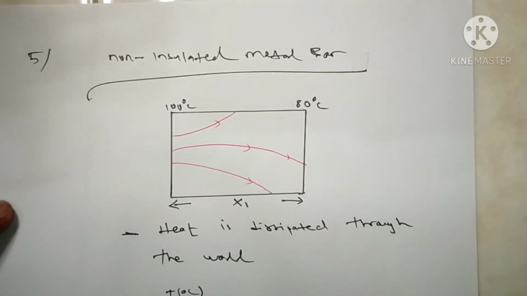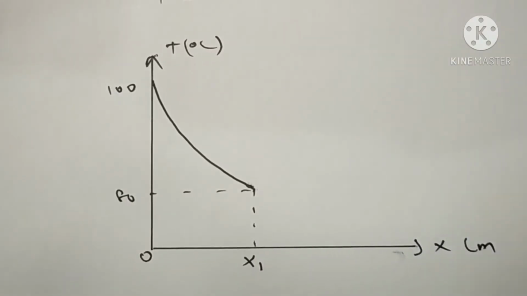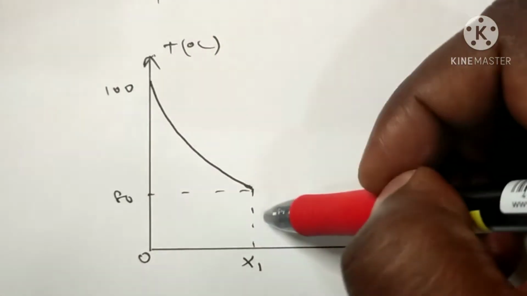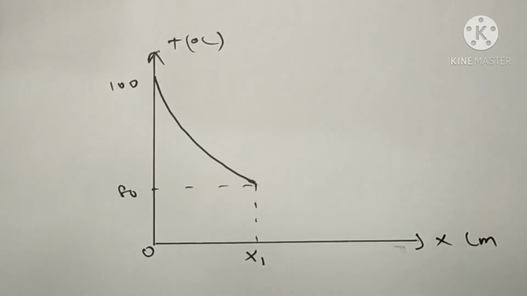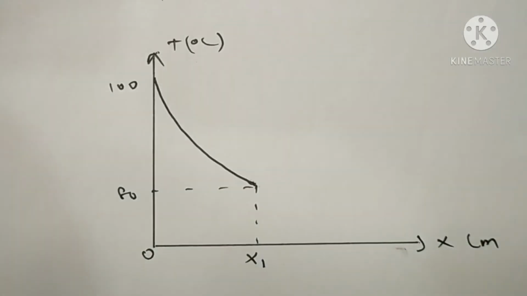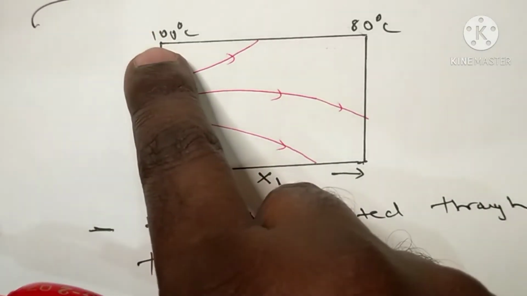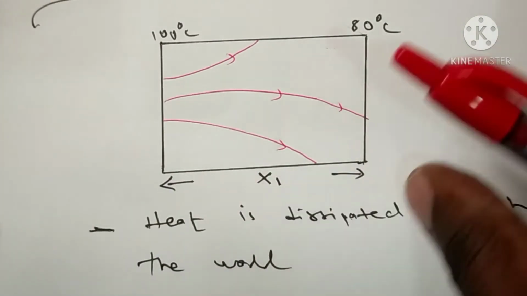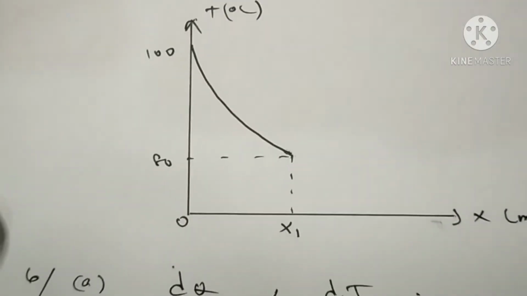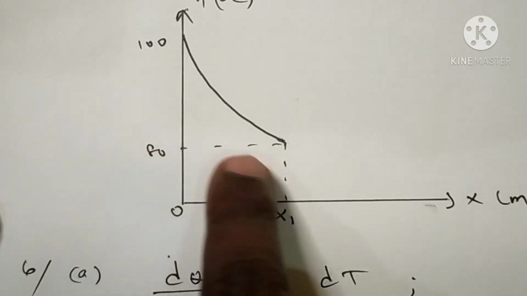So now we can see how heat is dissipated or escapes through the wall. The temperature-distance graph is curved instead of a straight line. The temperature falls faster near the hotter end, where the energy transfers from 100 degrees Celsius to 80 degrees Celsius over distance x1.